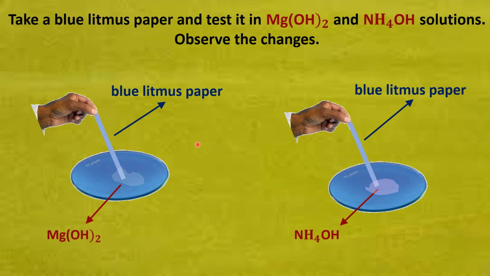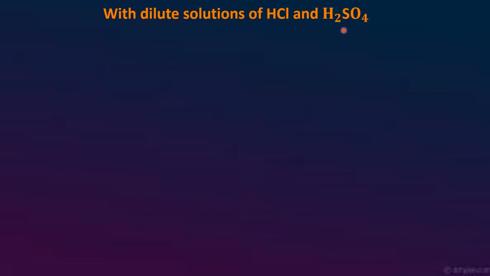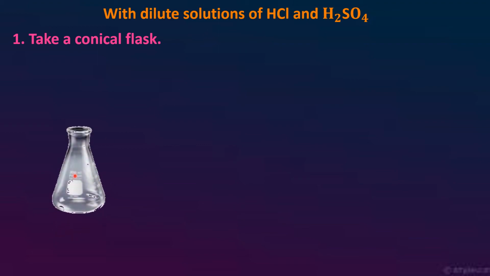Okay, so now we'll continue our activity with indicators. Again I am taking the solutions, first 2 solutions HCl and H2SO4. I'll take a conical flask for both of them. This is the conical flask.